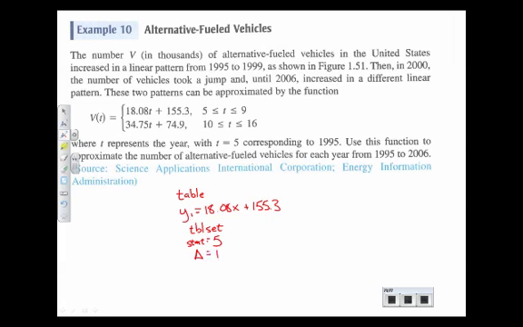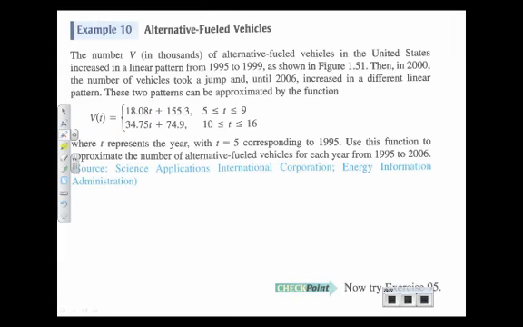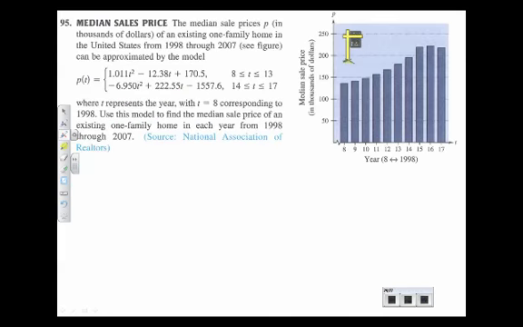You're going to get 5 through 9, and then if we go back in and change our y1 equals to our second function, and change our start value to 10, still stepping by 1, we could get ourselves an answer.